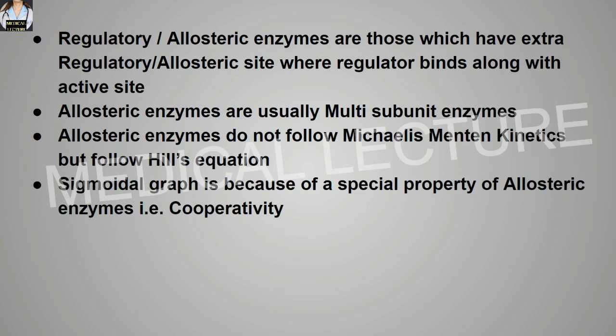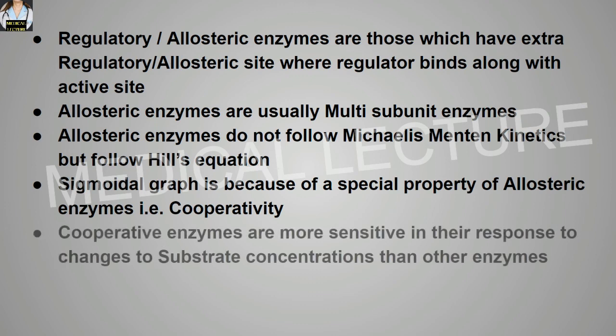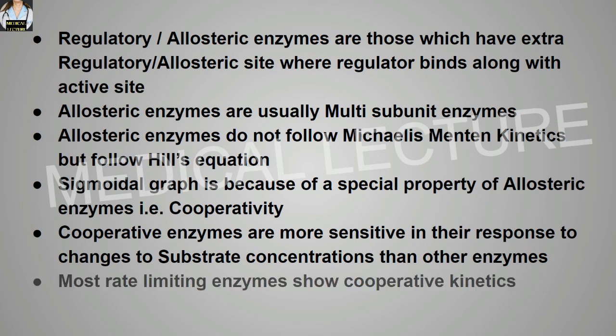The sigmoidal graph is because of a special property of the allosteric enzyme, that is cooperativity. Cooperative enzymes are more sensitive in response to changes in substrate concentration than other enzymes. Most rate limiting enzymes show cooperative kinetics.